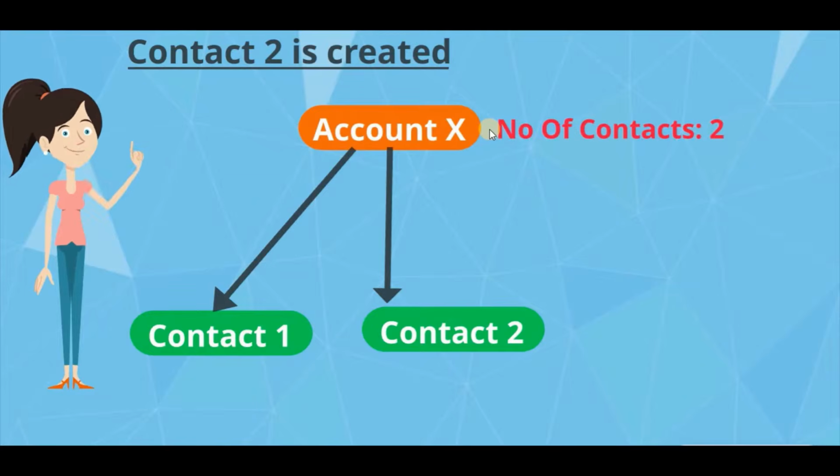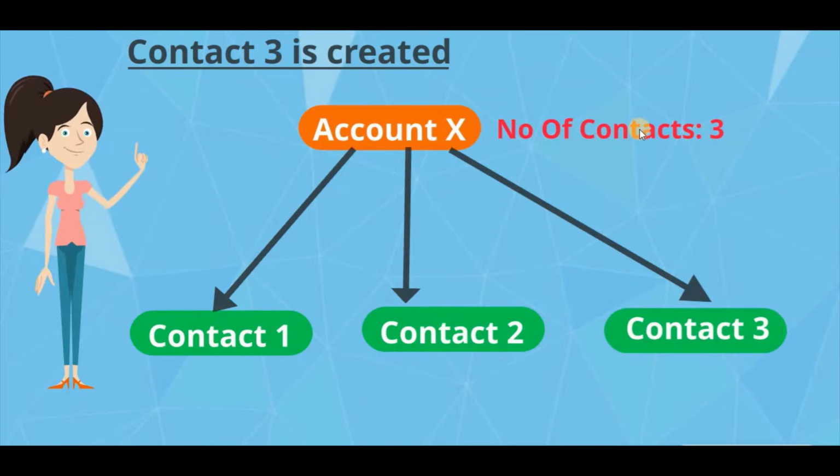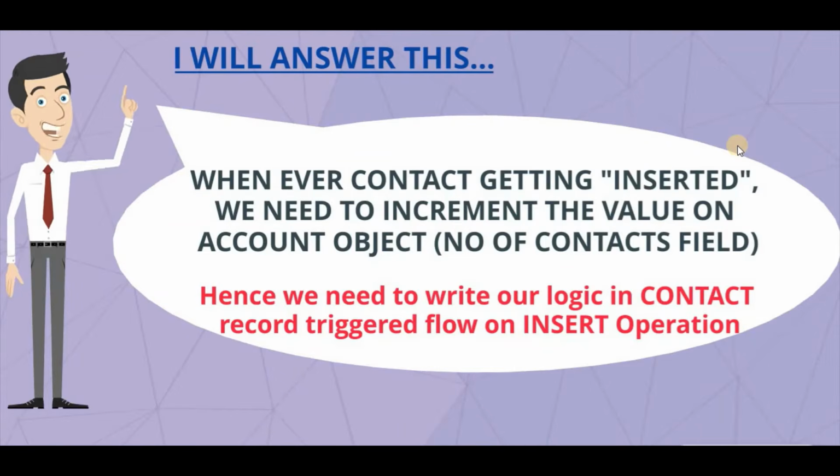In the same case, whenever contact 3 is created, the number of contacts has to be updated with the value 3. If you see, whenever a contact is getting created, whenever there is a DML operation, whenever an insertion is happening on a contact record, then we are updating the value. So Cuboid, tell me what is the conclusion here? I will answer this.